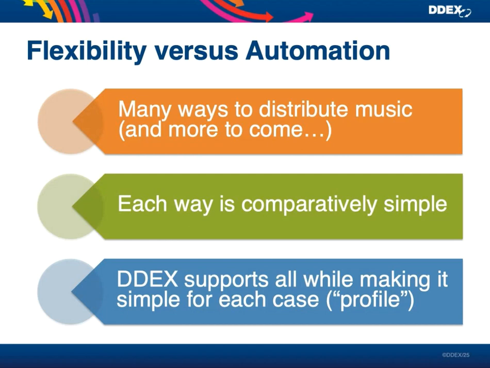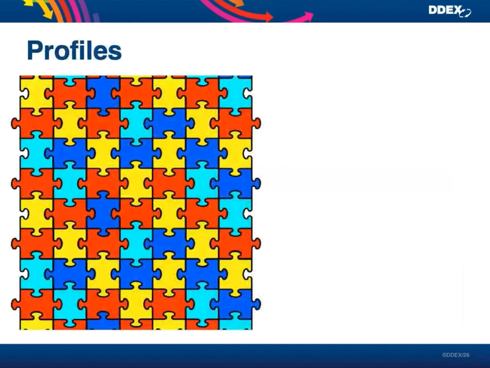Luckily, each of the individual ways is actually quite similar when you want to describe it in terms of metadata, and it is quite simple, actually. Still, the ERN message needs to be able to communicate all of those. And the way in which we then try to square this circle is by what we call profiles.